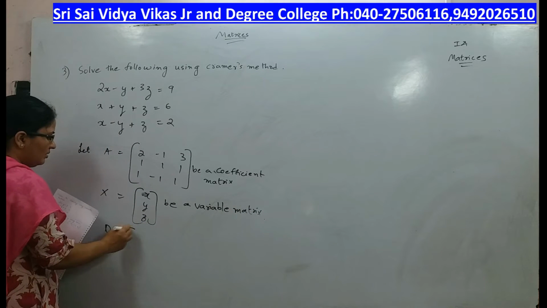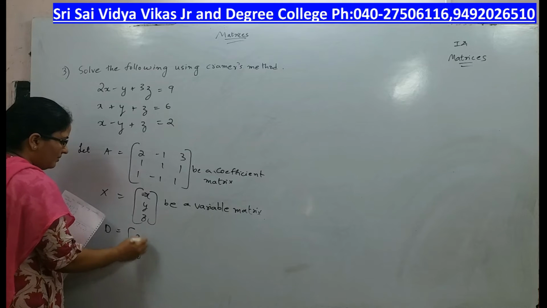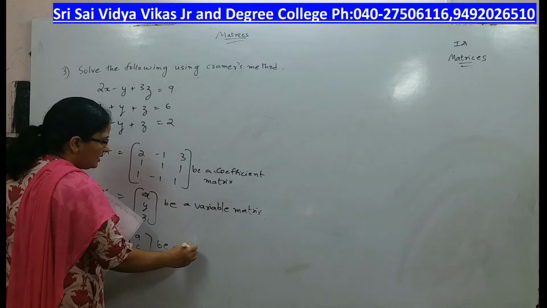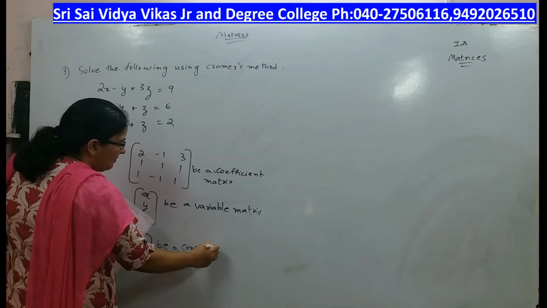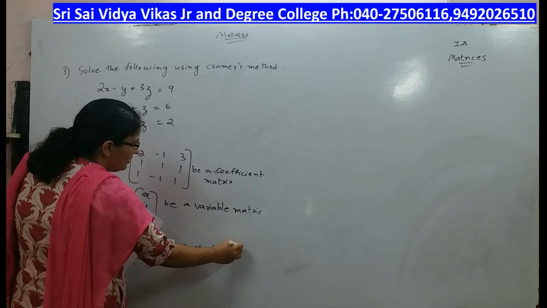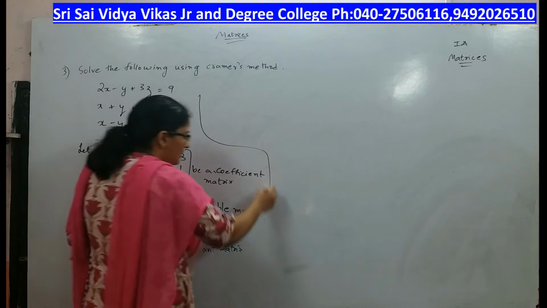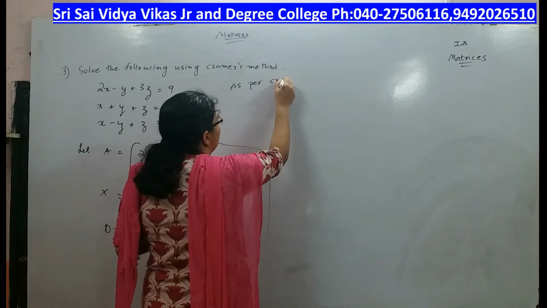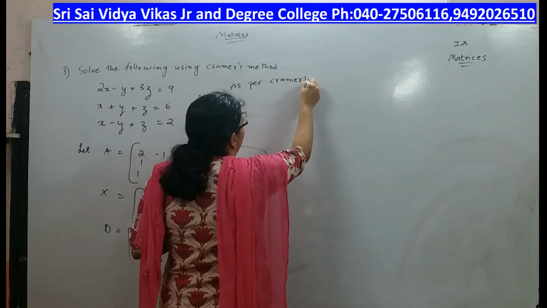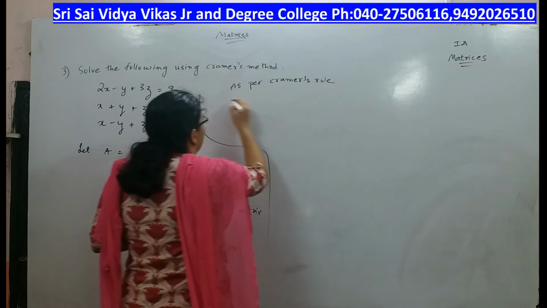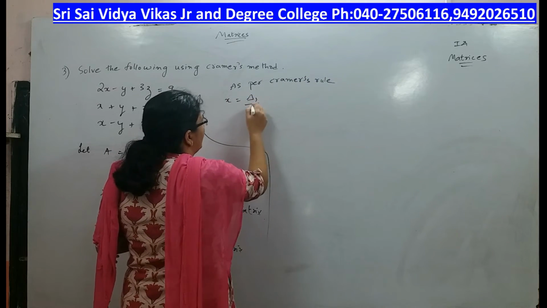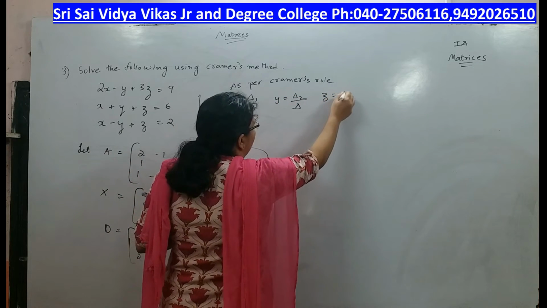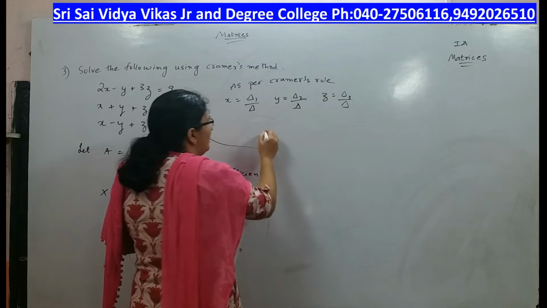D is equal to 9 6 2, be a constant matrix. As per Cramer's rule, x is equal to delta 1 by delta, y is equal to delta 2 by delta, z is equal to delta 3 by delta.